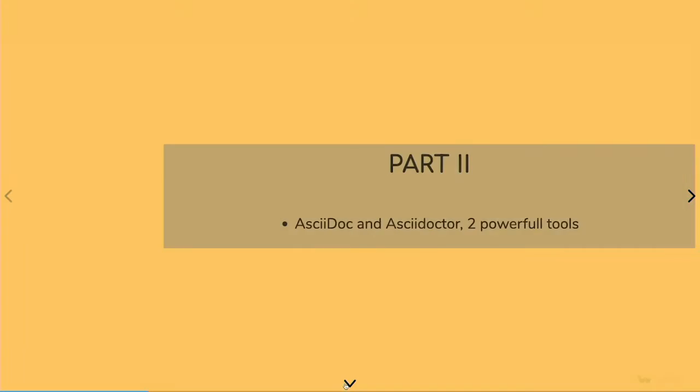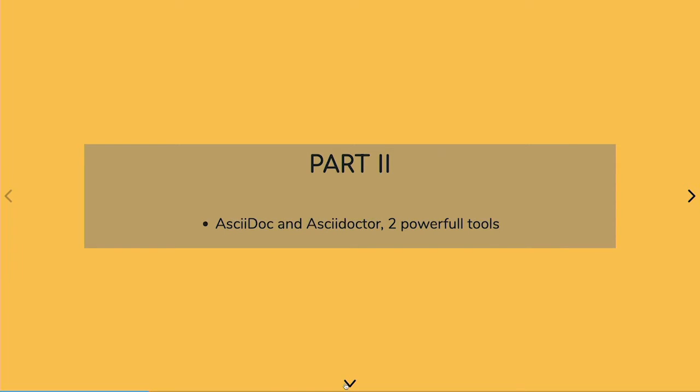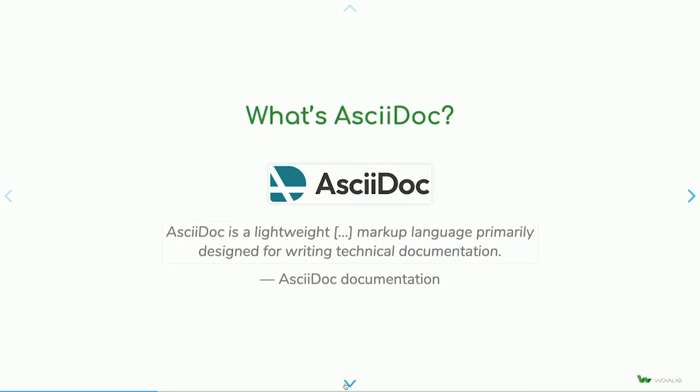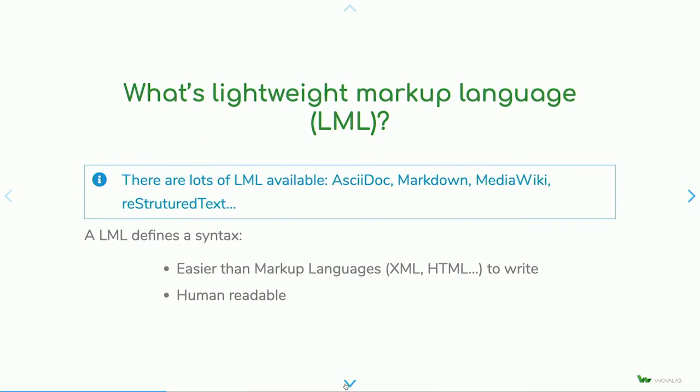So let's dive into these two powerful tools. Asciidoc first. If we look at the documentation of Asciidoc, Asciidoc is a lightweight markup language designed for writing technical documentation. So what is a lightweight markup language? It's a way to define a syntax.